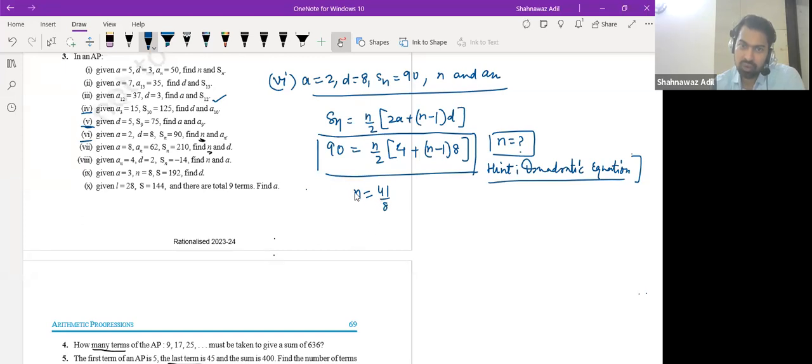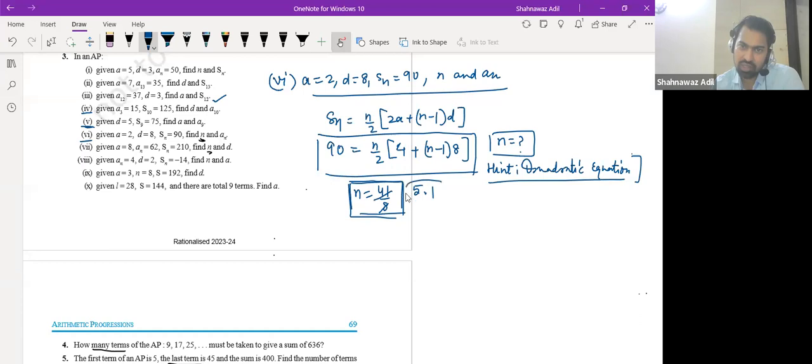So you see, can n be in fraction? Can this cancel out? No, then it would be in decimal, right? 8 fives are 40 and then 1, so 5.1 something.